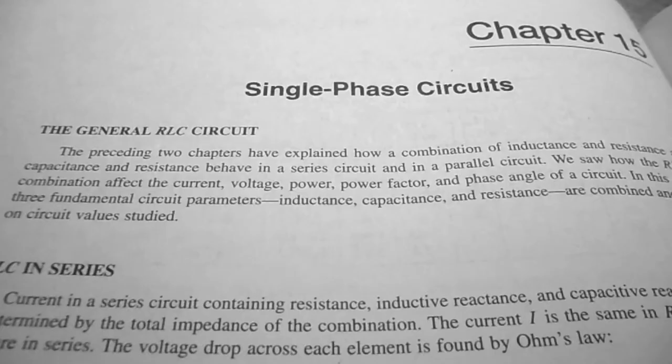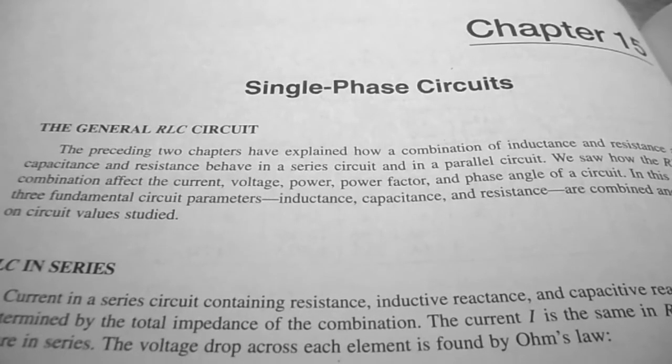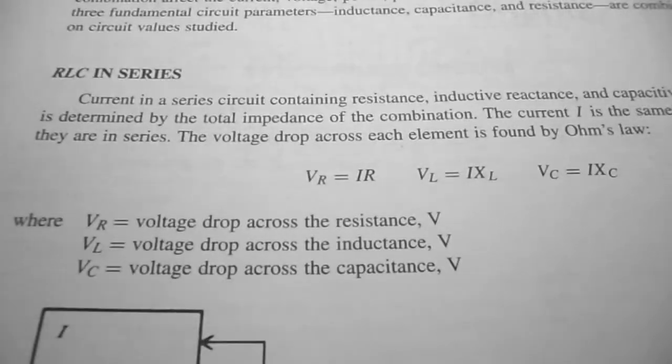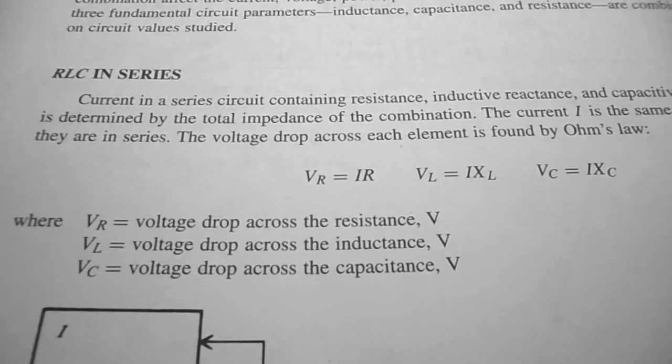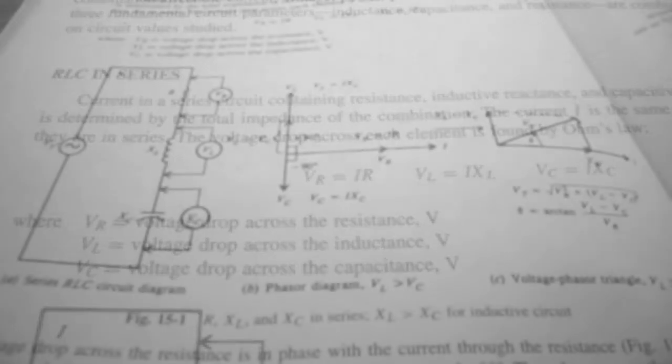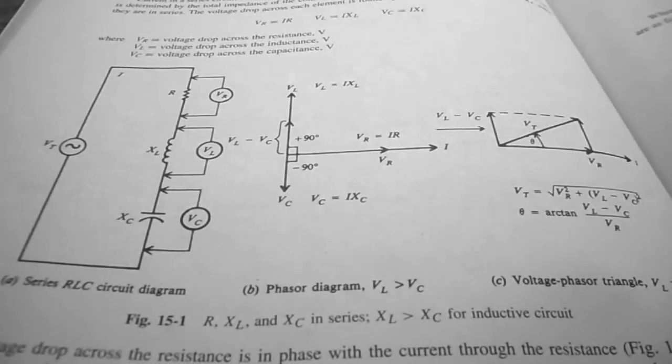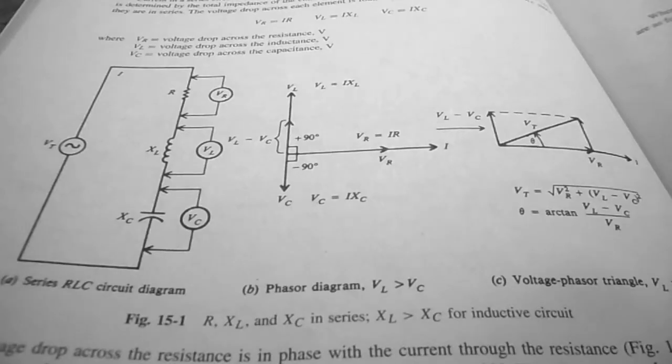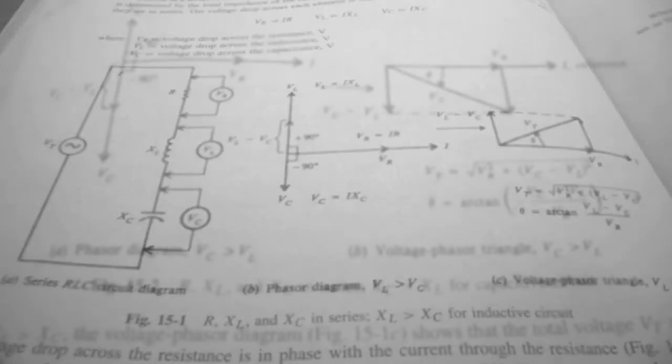In chapter 15 they talk about single phase circuits, and they talk about RLC in series, which is what we're going to be working on today. In figure 15-1, they give us the RLC circuit diagram, phasor diagram, and voltage phasor triangle for when XL is greater than XC, so this is basically an inductive type circuit.